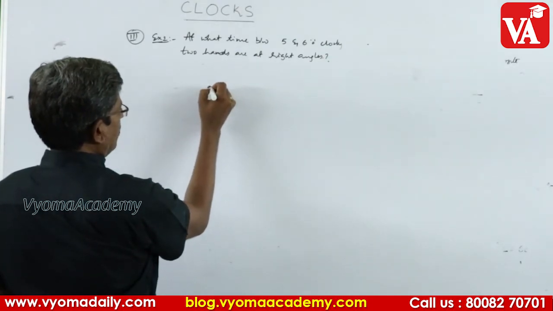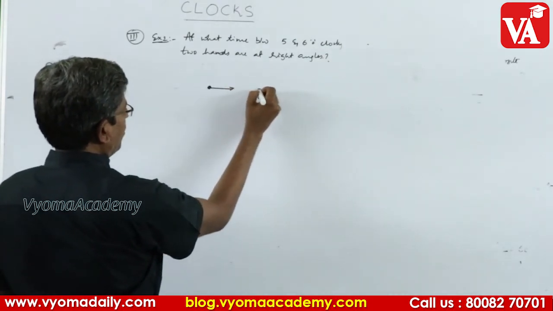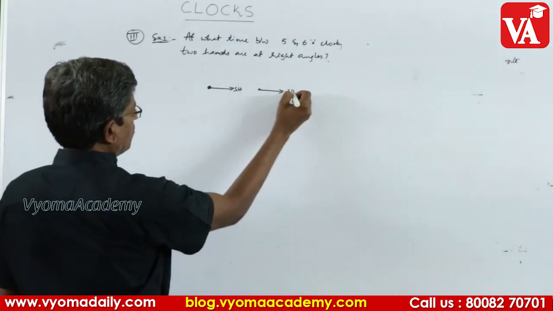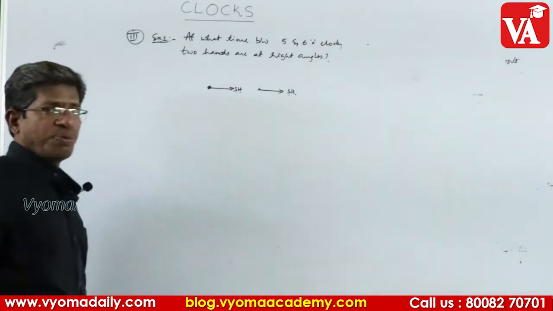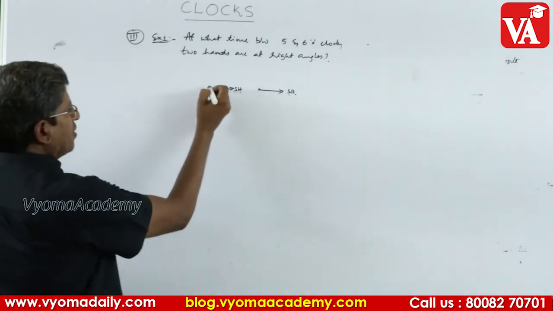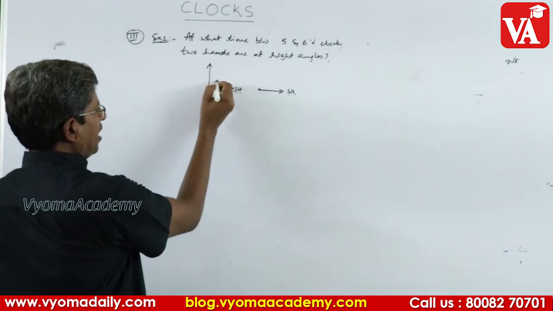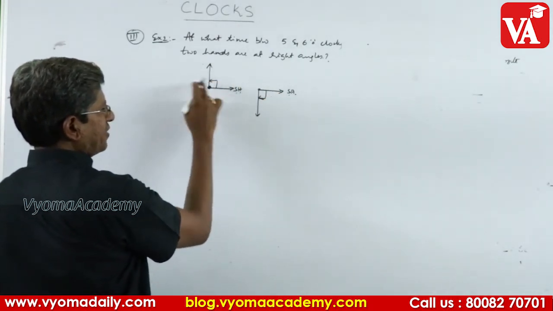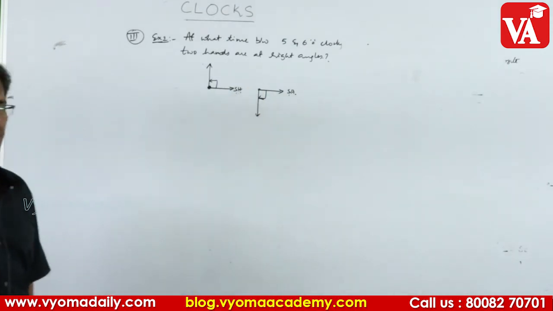So right angles means you can imagine the position of the hands. For example, for a given position of the short hand, this is a shorthand position. For a given position of shorthand, 90 right angle means either can be like this or it can be like this. That means this is the left hand side and this is the right hand side of the shorthand.